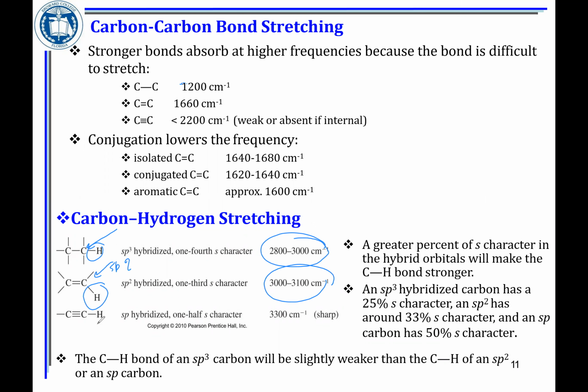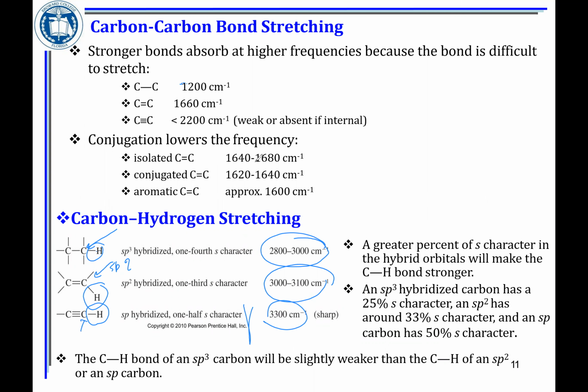And if you have a hydrogen attached to an sp hybrid carbon, it is going to show a short peak at 3,300. So these are important: hydrogens attached to a single bond, a double bond, and a triple bond.